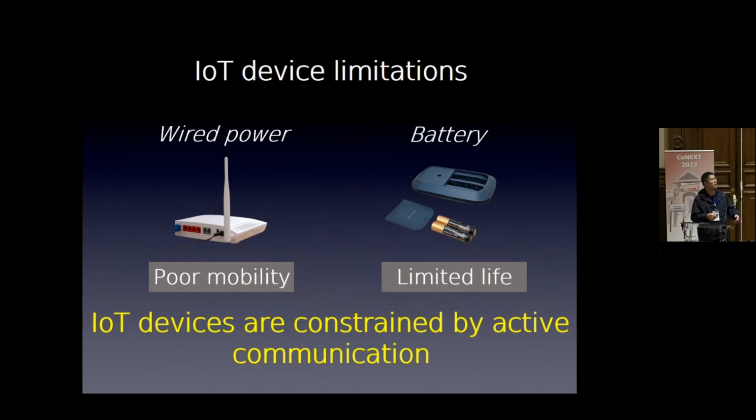In some scenarios, the devices are hard to reach, and this takes labor. The reason these devices need to plug into a wire or need batteries is that they are mainly based on active communication, which consumes large energy.